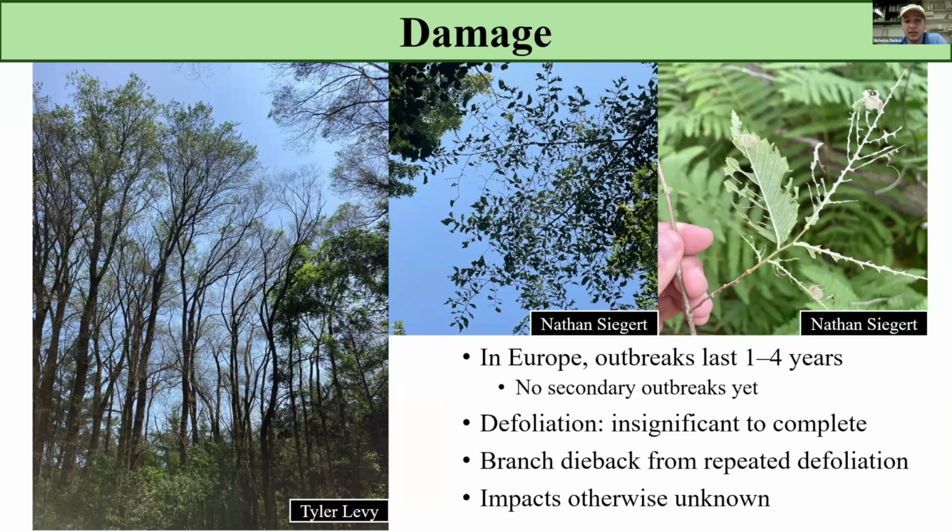You can see on the left, this picture is of a Siberian elm, I think near Albany, that was basically completely defoliated. The picture in the middle shows what that looks like a little closer, and the picture furthest right shows what their damage looks like up close.